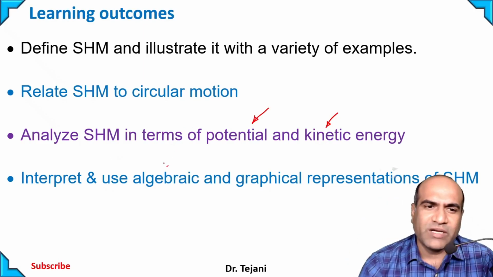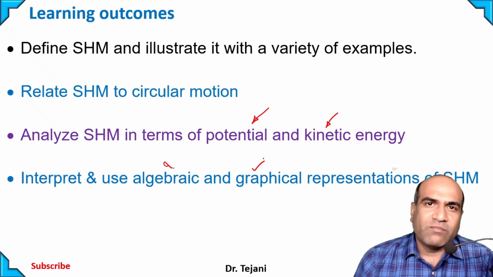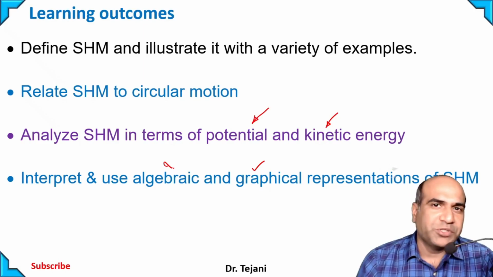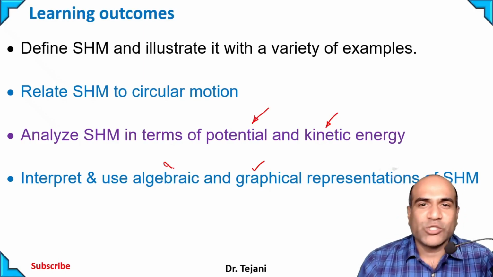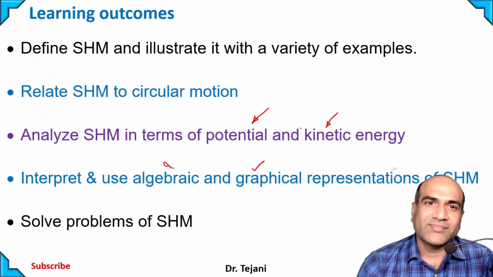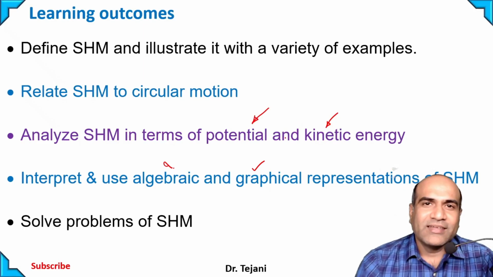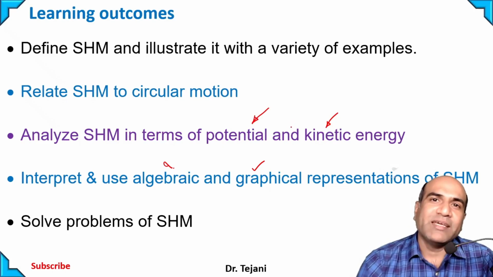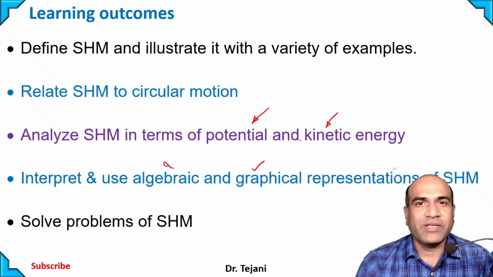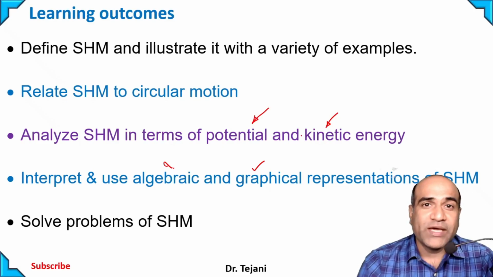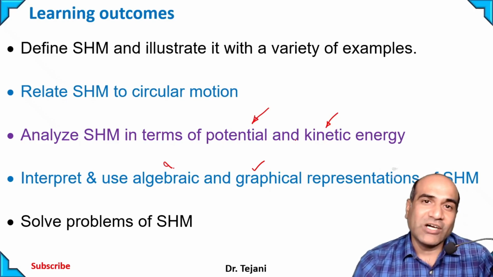Algebraic, we know mathematics will be utilized, and with the use of graphs we understand how simple harmonic motion works, and different examples will be solved with that. Then solve problems of simple harmonic motion, that means various applications of simple harmonic motion. We are going to study all of this.